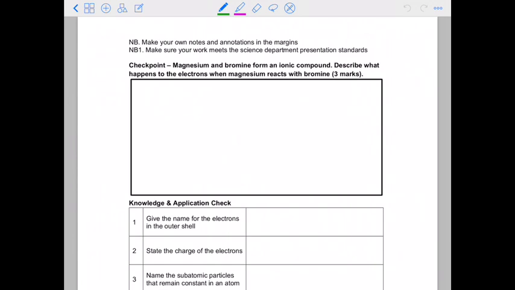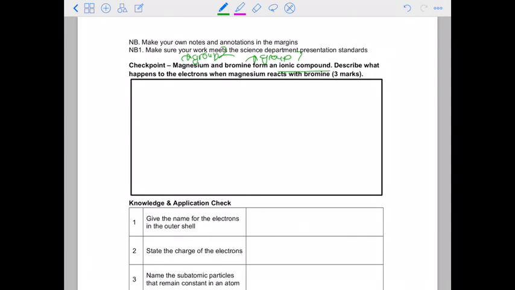So here's something to think about, and this is a bit of a stretch and a bit of a challenge, but magnesium in group 2 and bromine in group 7 form an ionic compound.